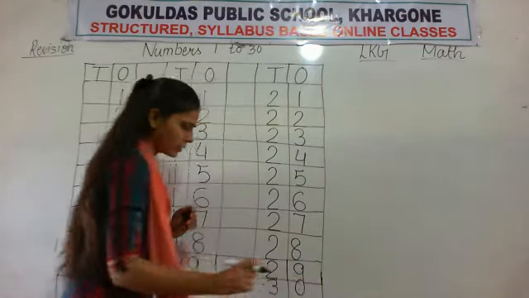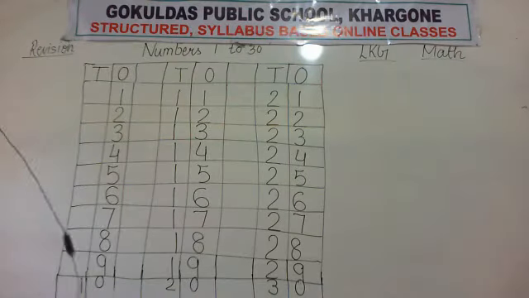Okay. So numbers from 1 to 30 you write again and again for the exam.